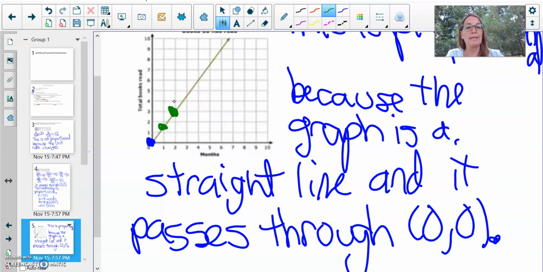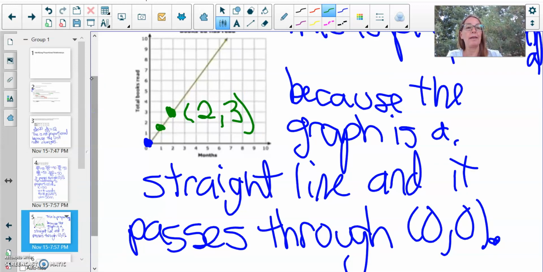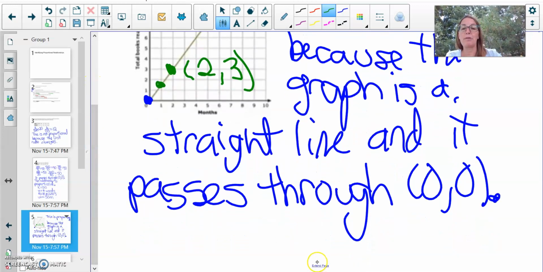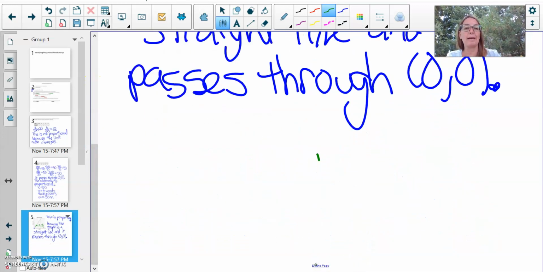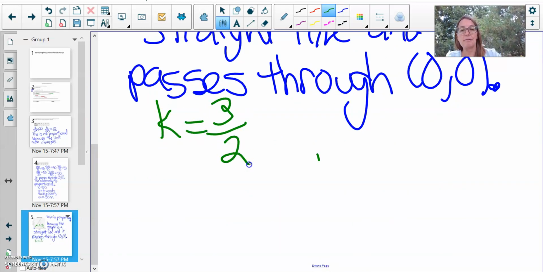So looking at this ordered pair, it's the point 2, 3. So to find my constant of proportionality, I'm going to divide 3 by 2. Remember, you always divide the y by the x. So my constant of proportionality is 3/2, which is 1.5.